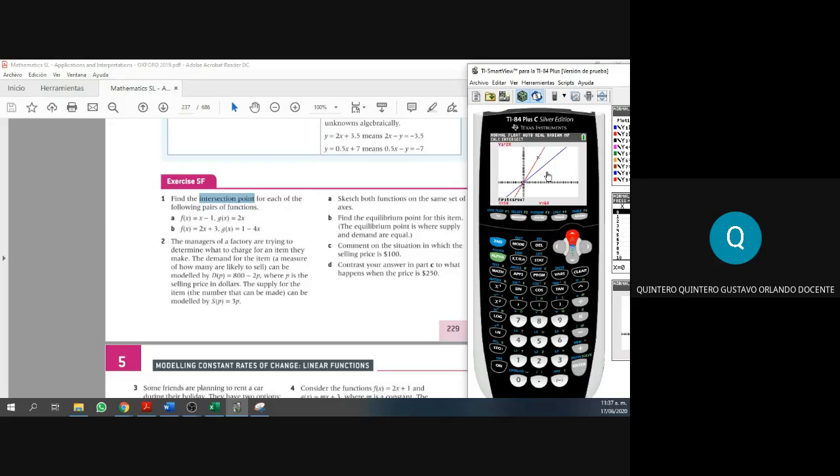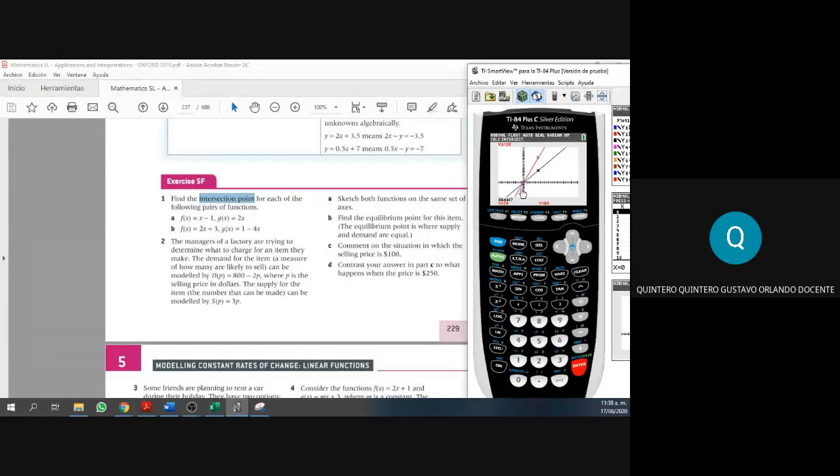Maybe this one, the red or the blue. It doesn't really matter which one. Just select one and press enter. After a while, the calculator is going to ask you to select the second curve. So simply move to the other one and press enter. Now I have two curves selected and the calculator is expecting me to give it a guess.